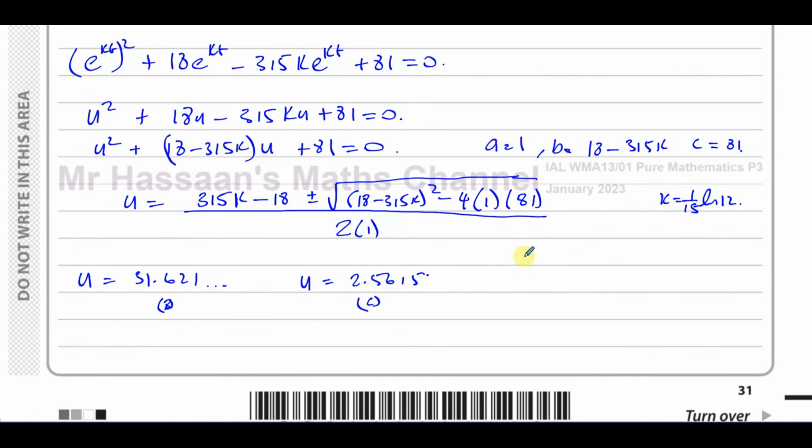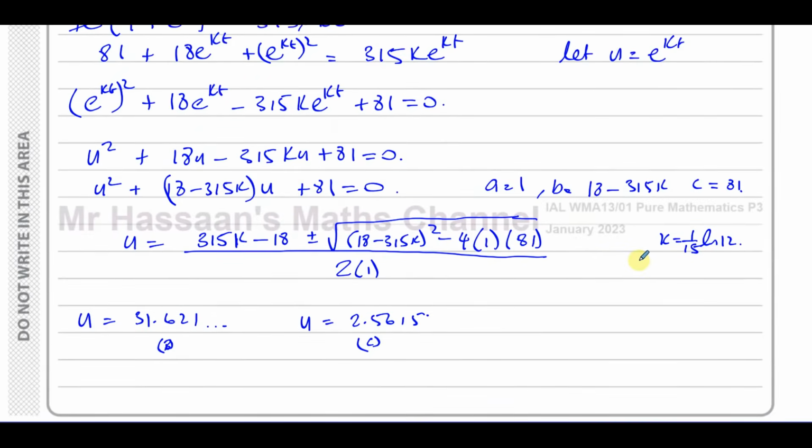So we have e to the power of kt is equal to 31.621, and e to the power of kt is equal to 2.5615. So I can take ln of both sides to release this t from this power.